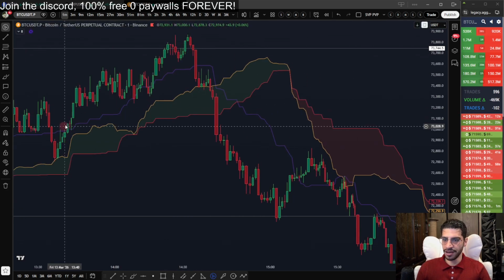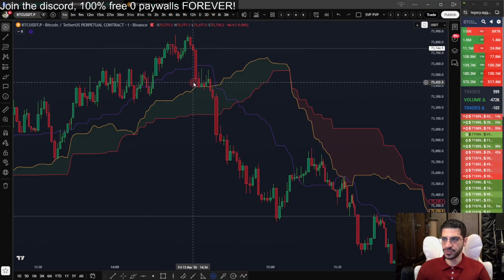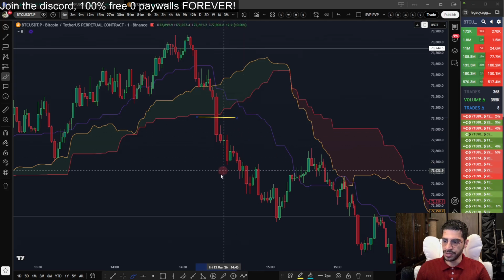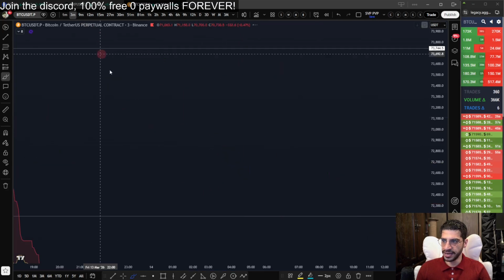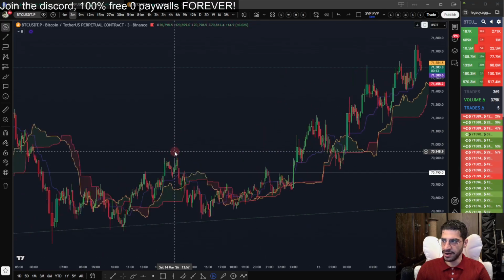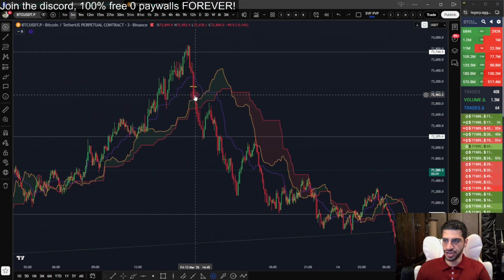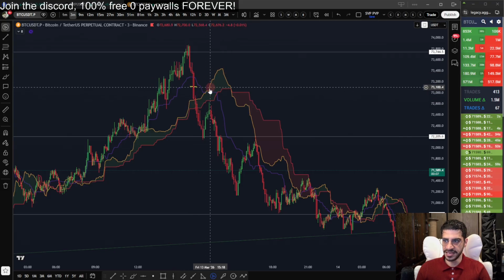So as you can see on the 1-minute, we're going up, but once we break that leading span A and break through that Ichi cloud, we now have this little zone. So if we put a line right here, you can see how if we switch to the 3 and go back to that area, it now shows us having to deal with this 3-minute.